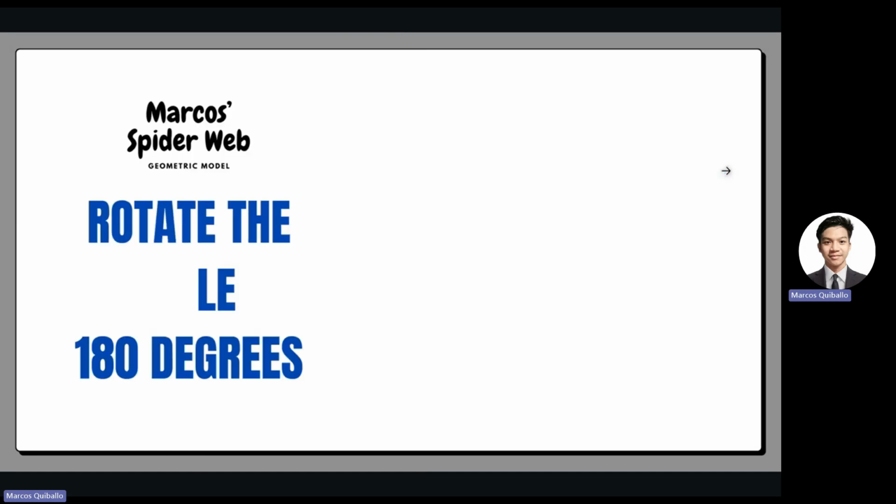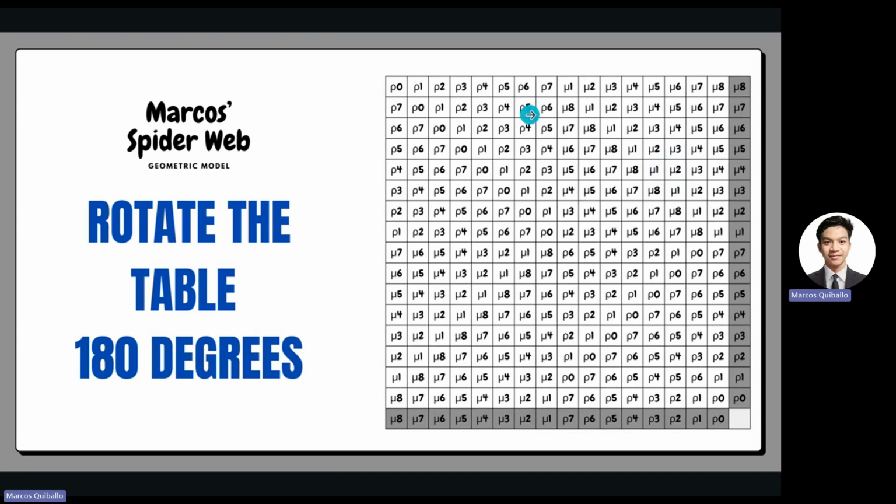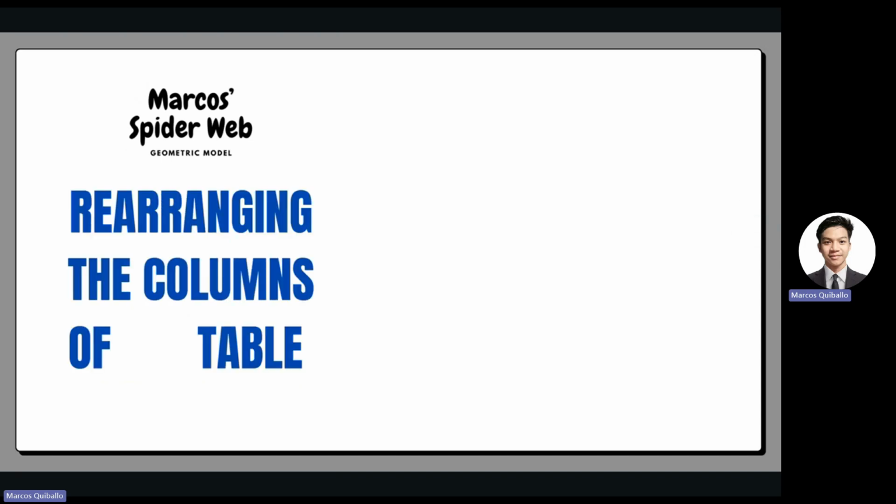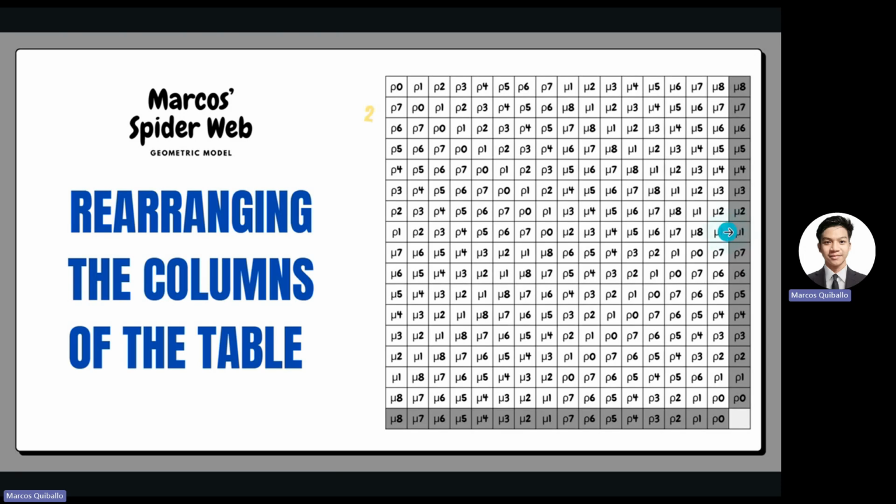So now let us test if this table is associative. We will rotate our table 180 degrees. So this is the result after we rotate our table to 180 degrees. And after that, we will rearrange the columns and the rows of the table.